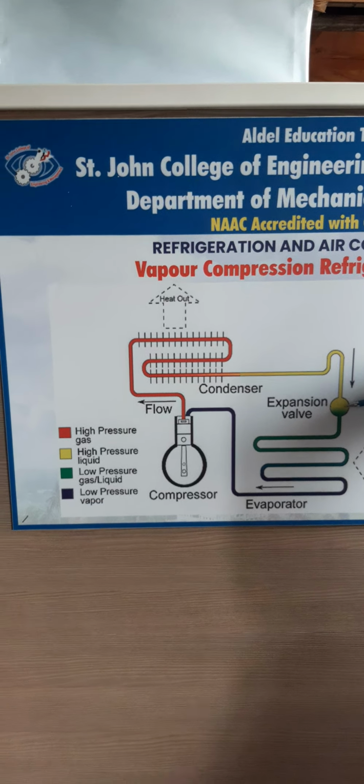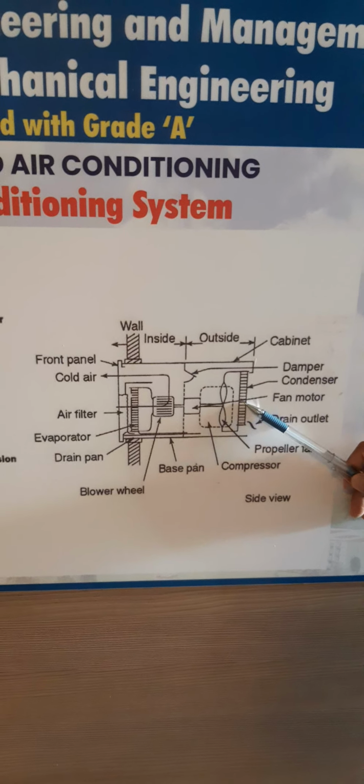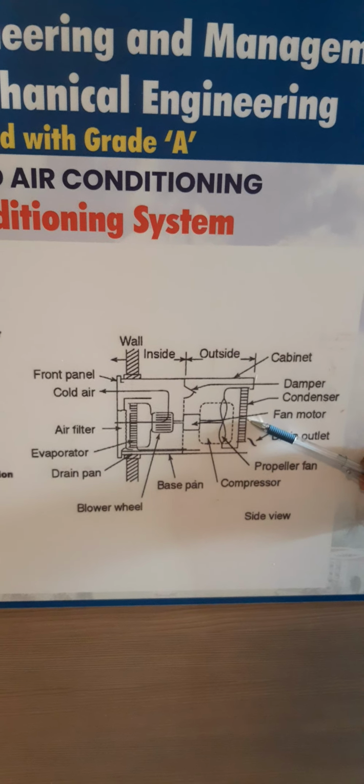So low pressure, low temperature refrigerant enters into the compressor, then it gets compressed and is allowed to pass through the condenser, right? Whenever it passes through the condenser, it releases latent heat to the surroundings with the help of this fan, because this fan rotates with the help of a motor, and that fan cools this coil through which the refrigerant is flowing.